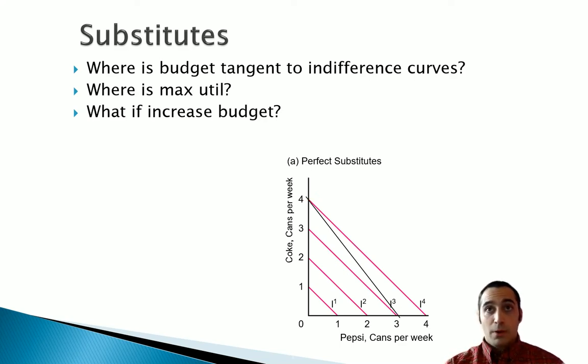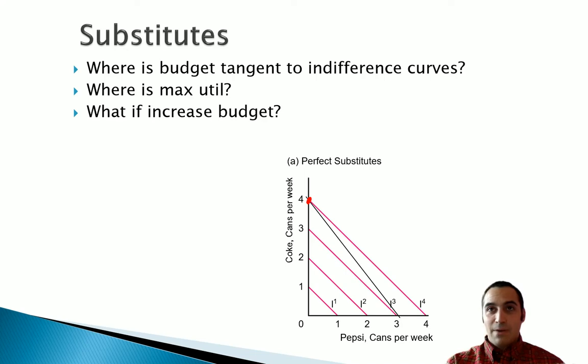Well, if I look at the graph, this 4 Coke cans bundle gives me 4 utils, or utils equivalent with L4. This 3 Pepsi can bundle gives me the util associated with the L3 indifference curve. Next, note that L3 is strictly worse than L4 because there's points in L3 that are southwest of points in L4. Therefore, it must be that this point is my solution.